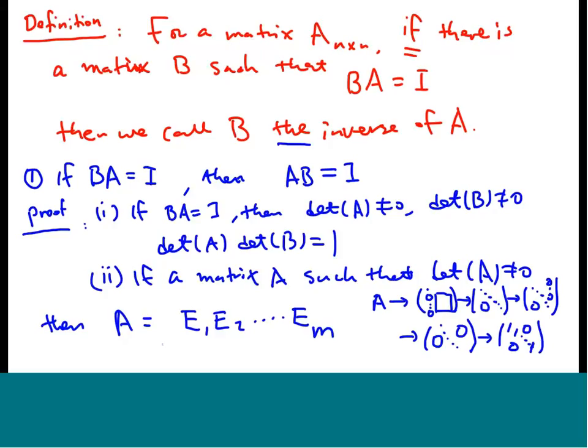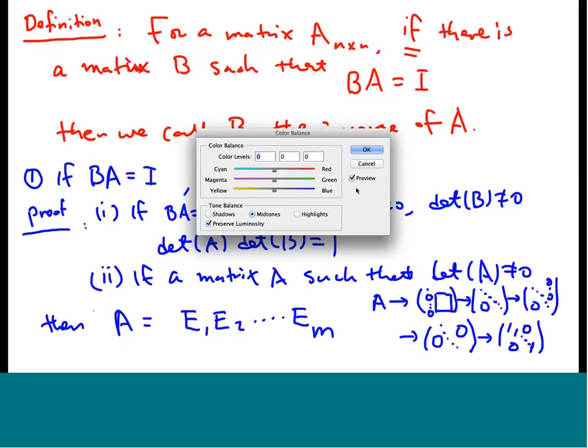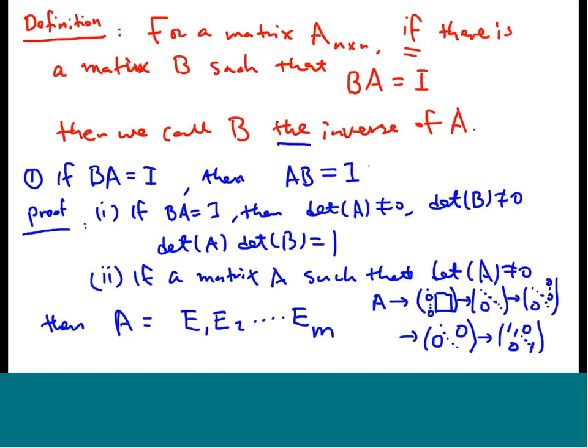Okay, now let's prove: if BA equals I, then AB equals I.